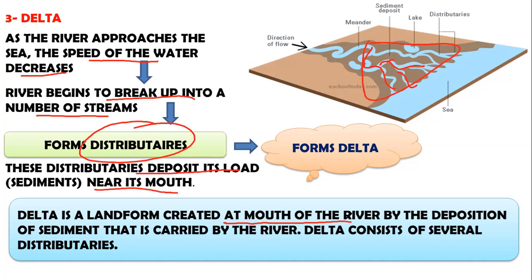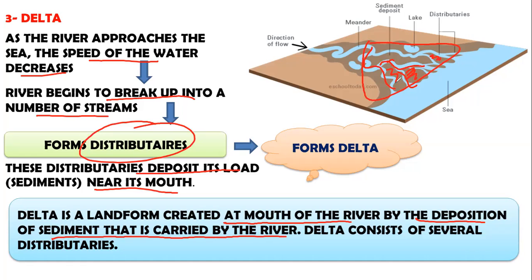Mouth of the river is the place where river meets the sea by the deposition of sediments that is carried by the river. If you can see these brown portion, these are nothing but the sediments that have been deposited by river. Since the speed of river is very slow here, it cannot further carry the sediments with it.